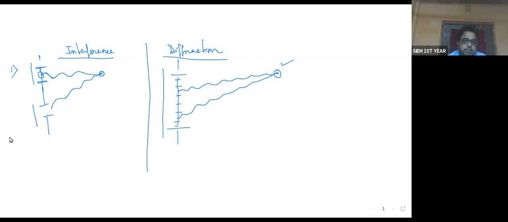Secondly, fringes, I mean dark and bright fringes, may or may not be equispaced or equally spaced.